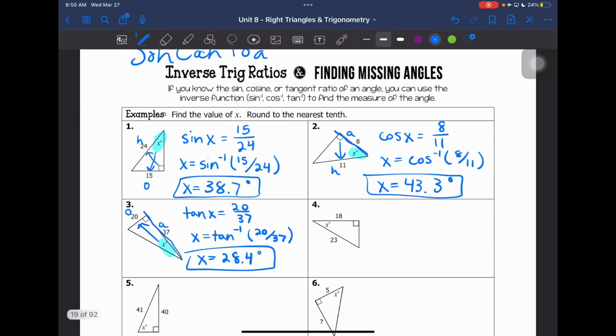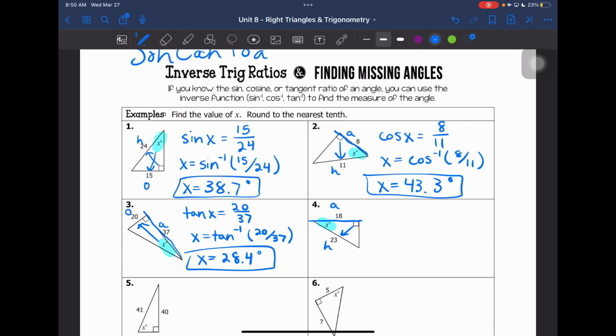So let's look at number 4. Our angle here is touching this 18, and that's a leg, so that's the adjacent leg. And then the 23 is across from the right angle, so that makes it the hypotenuse.